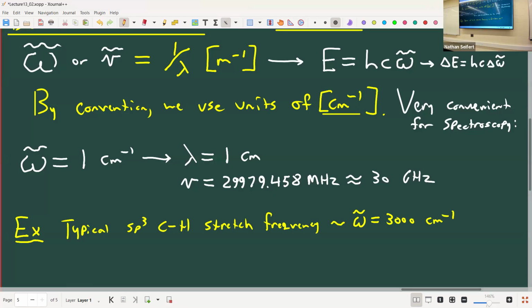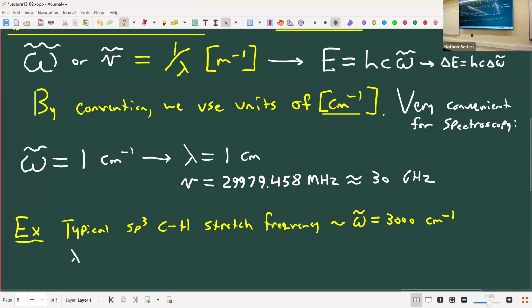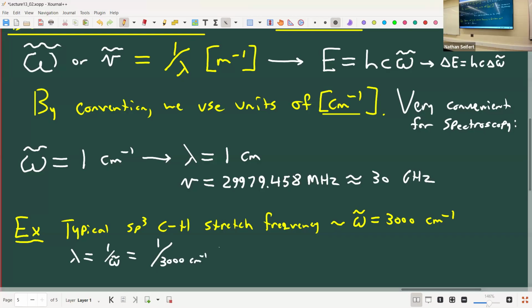You probably remember that from organic chemistry. It's very easy for us to calculate all the properties, all the different energies for this. So the wavelength is 1 over omega, which is 1 over 3,000 inverse centimeters.